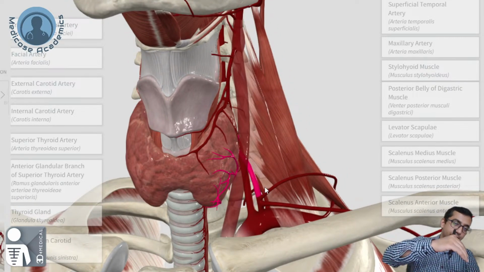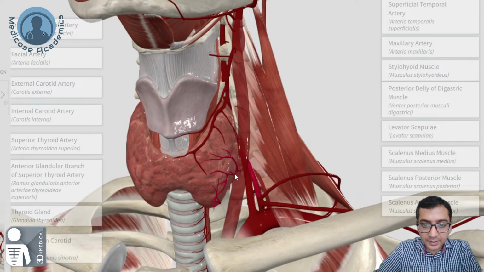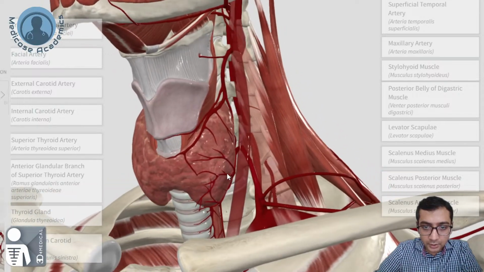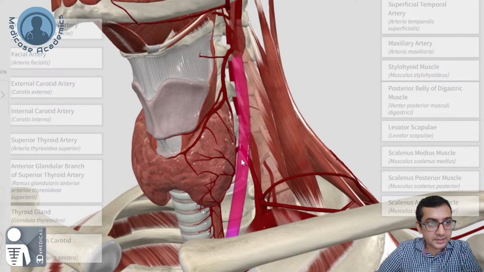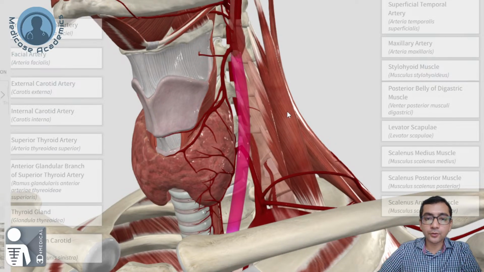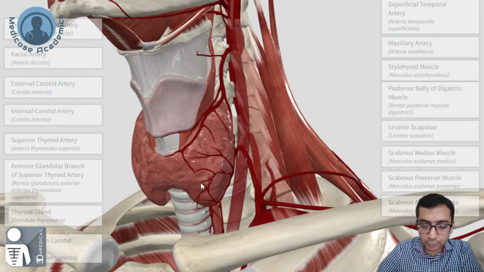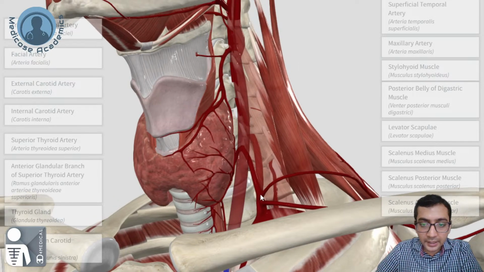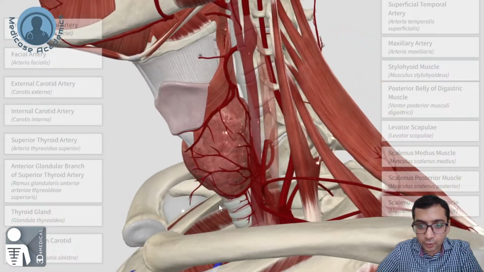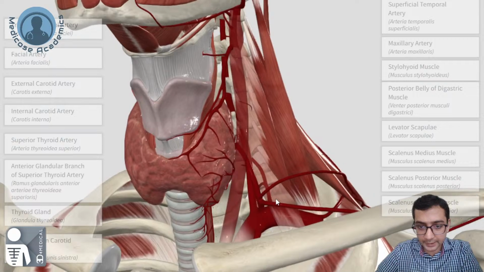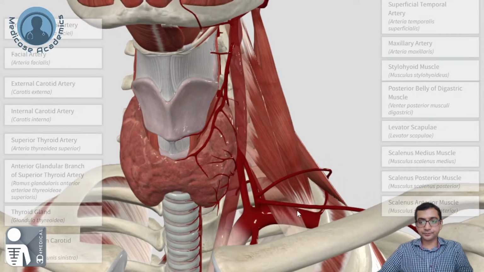It goes up and then medially behind the thyroid gland, and it has a very important relation: it moves behind the common carotid artery. This is the common carotid artery. You will read the name of this artery when talking about the posterior relation of the carotid sheath and carotid arteries. It moves behind it like a loop and goes into the lower lobe of the thyroid gland.